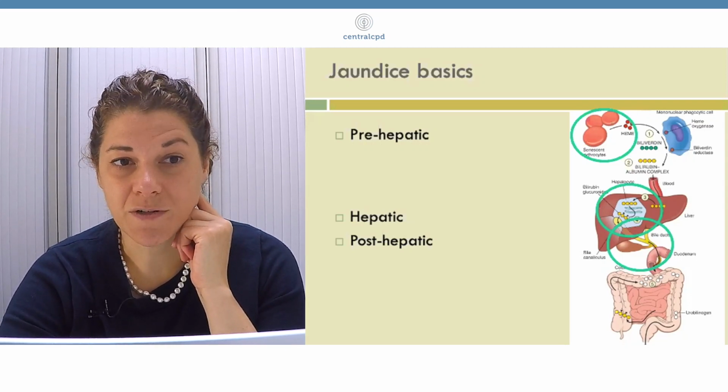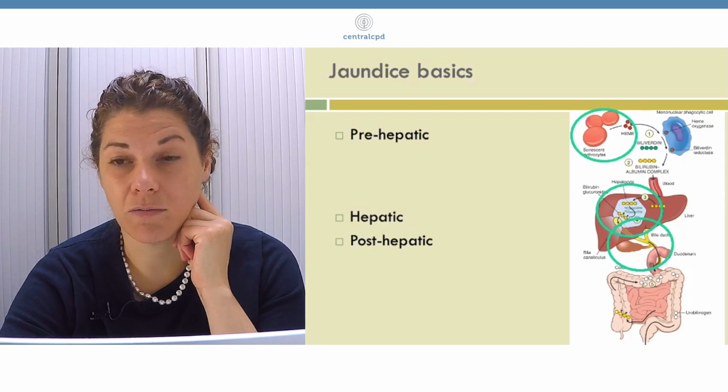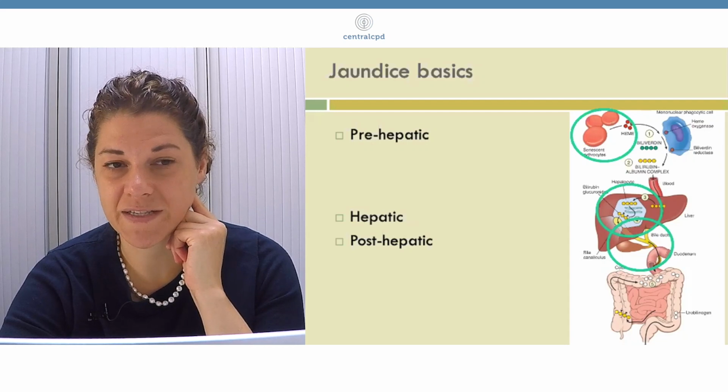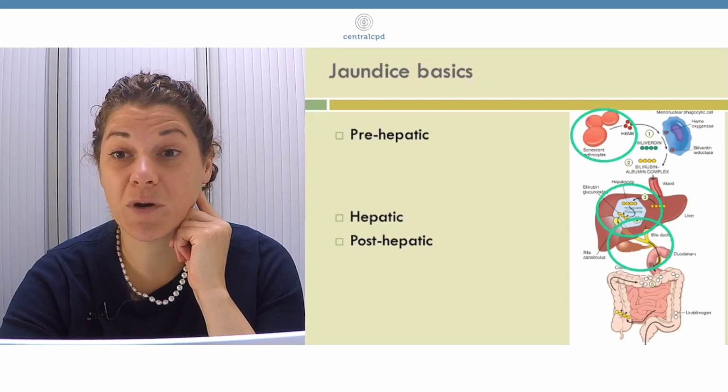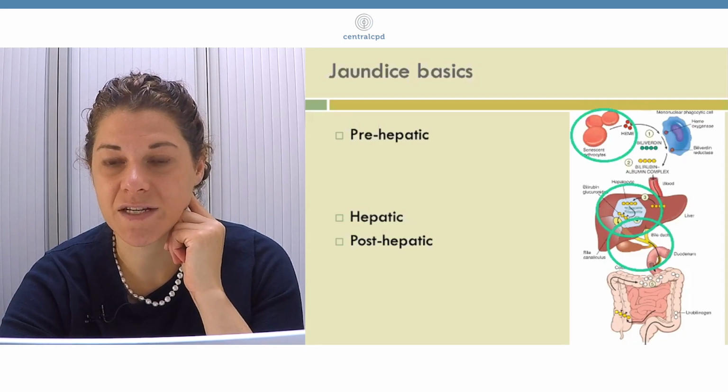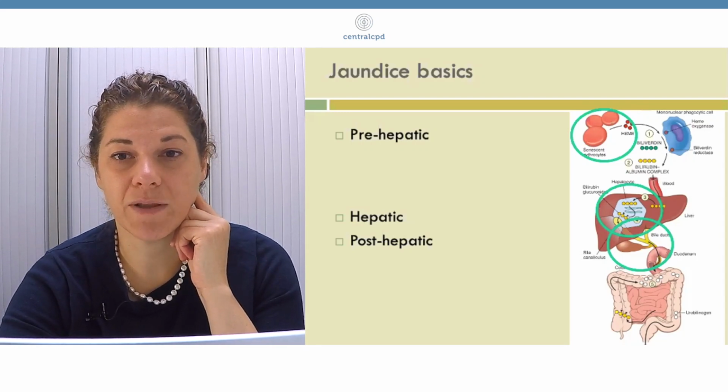So the differentials for jaundice, essentially, I'm sure you're all entirely aware, are prehepatic, hepatic, and posthepatic. So when we're confronted with a jaundiced patient, these are the first things which we need to try and understand: to which group does our patient belong?